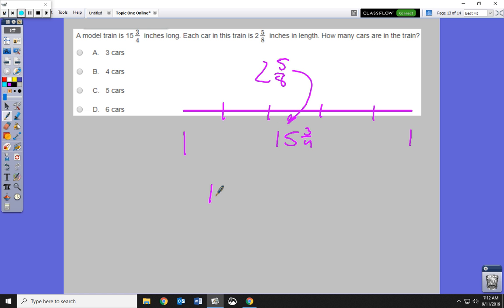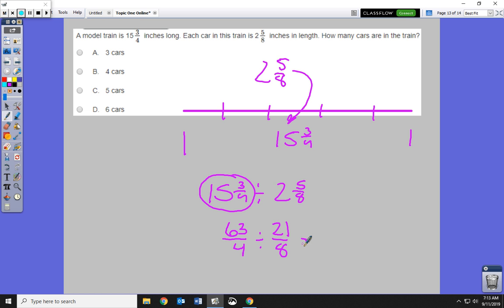So I'm going to take 15 3/4 and divide it by 2 5/8. Let's do a little conversion here. 15 times 4 gives me 60, plus 3 gives me 63 over 4. Divided by, that's 2 times 8, 2 groups of 8 is 16, plus 5 left over gives me 21/8.